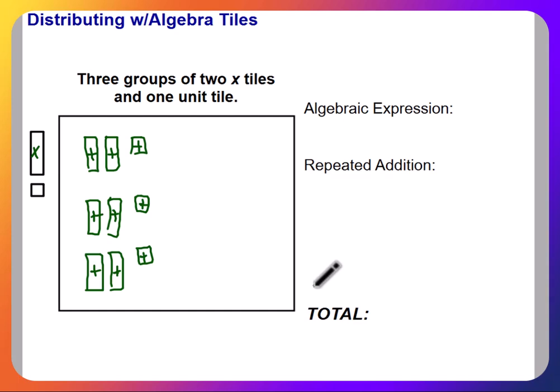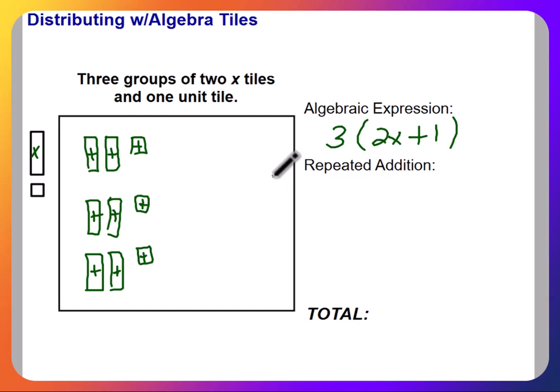So now let's write our algebraic expression. Okay, when you're talking about groups, groups are parentheses, right? So we're going to make a group, and what is inside the group? 2 X's and 1 positive unit tile. So that's what goes inside the parentheses, 2x, 1 positive unit tile, so that would be 2x plus 1. And because we want 3 groups, we're going to put the number of groups on the outside.